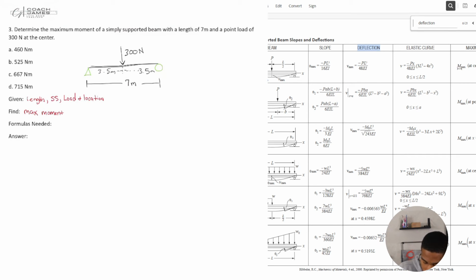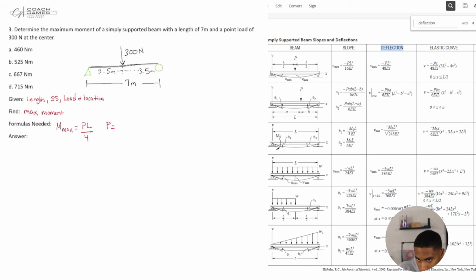And the formula that we need is M max is equal to P L over 4. What is P? P is equal to, according to our diagram, the load, which in this case is equal to 300 newtons. What about L? L is equal to the length of the entire member, which is going to be 7 meters.